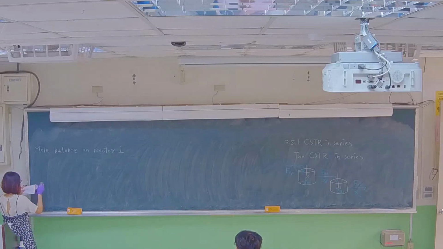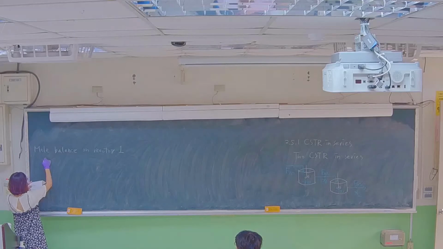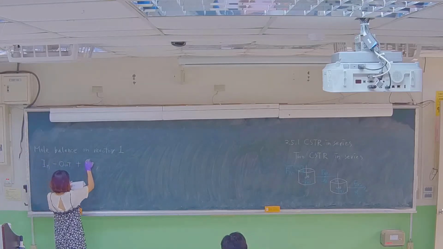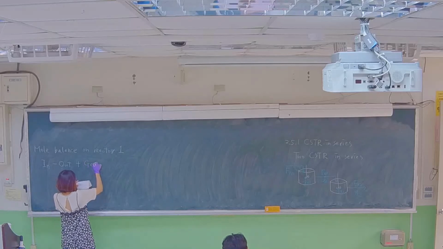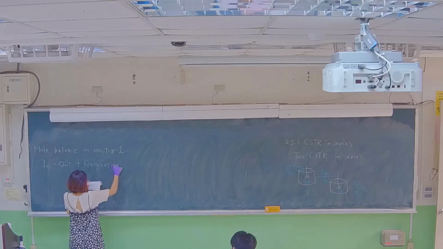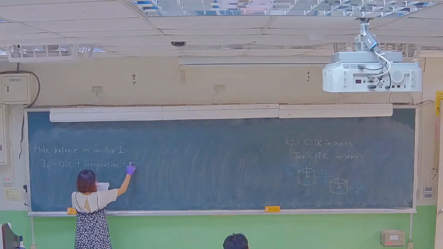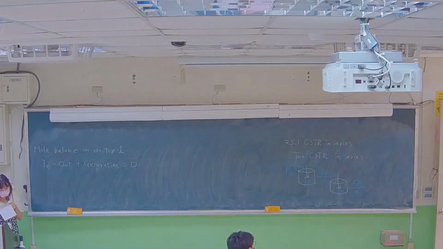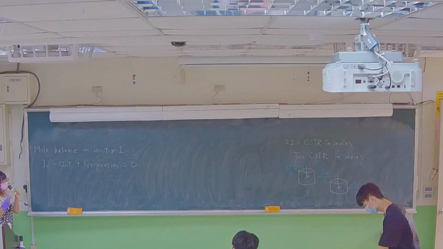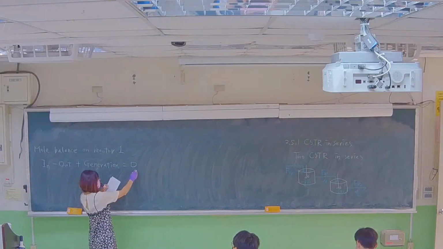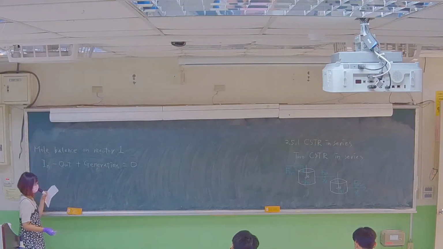So the mole balance is like in minus out plus generation or consumption is equal to accumulation, which is 0. If you forgot, please check chapter 1. The flow reactor is in steady state, so this term is equal to 0.